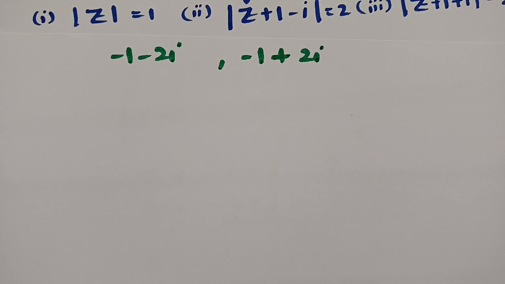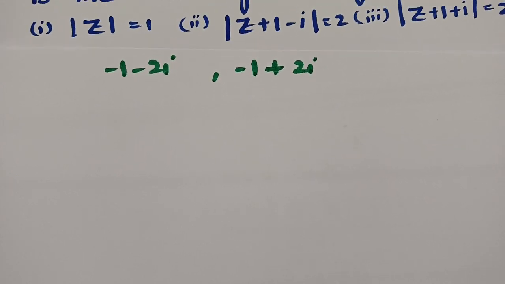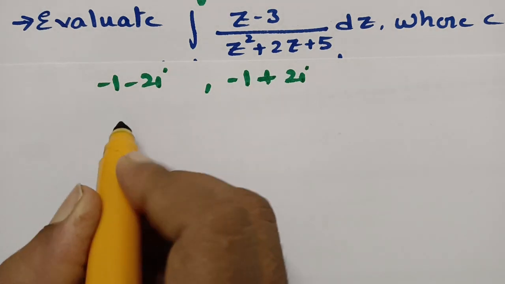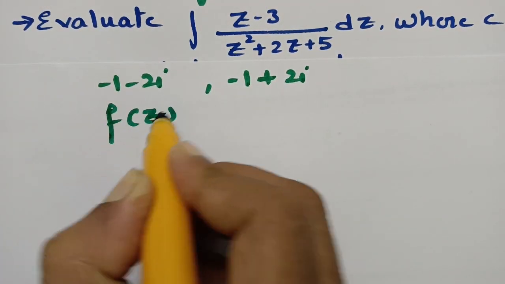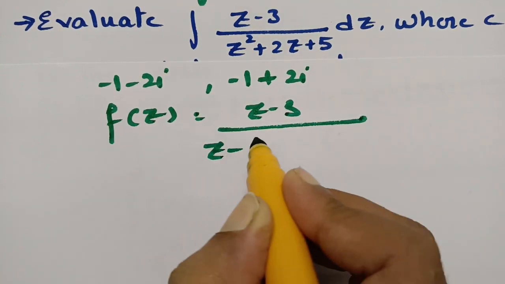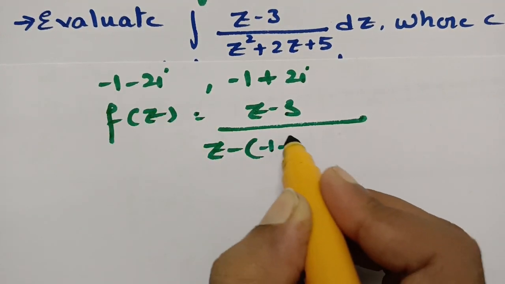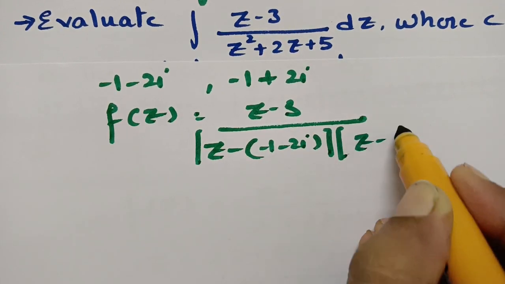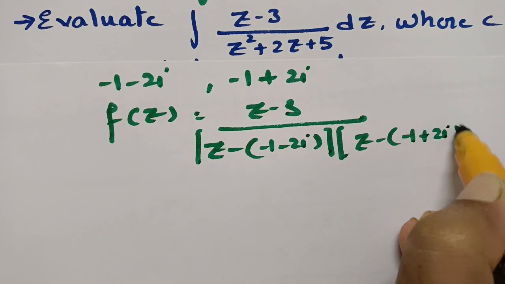So these are the two pole values, and f of z can be written as (z minus 3) by (z minus (minus 1 minus 2i)) times (z minus (minus 1 plus 2i)). Clear?